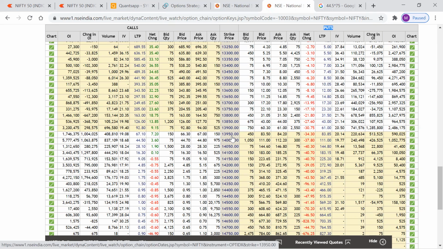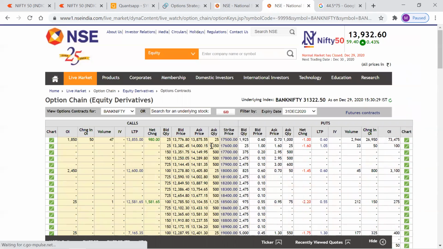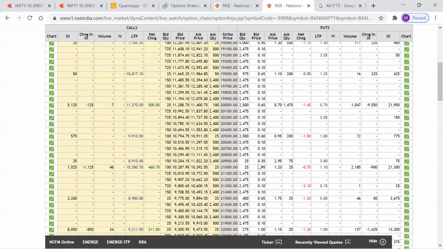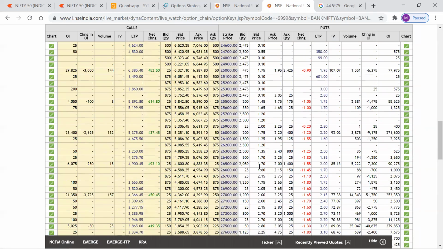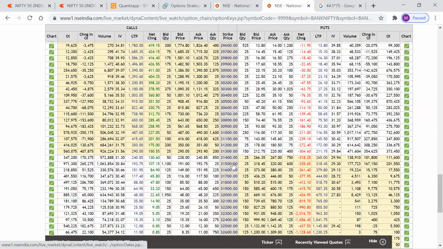Okay. Why do you call it a spot price? Because it's closer to the last traded price of Nifty. Okay. If you select Bank Nifty here, now tell me what is the spot price? Pretty simple. Spot price is 31,300 or 31,400. Okay. Now tell me what is the strike price.